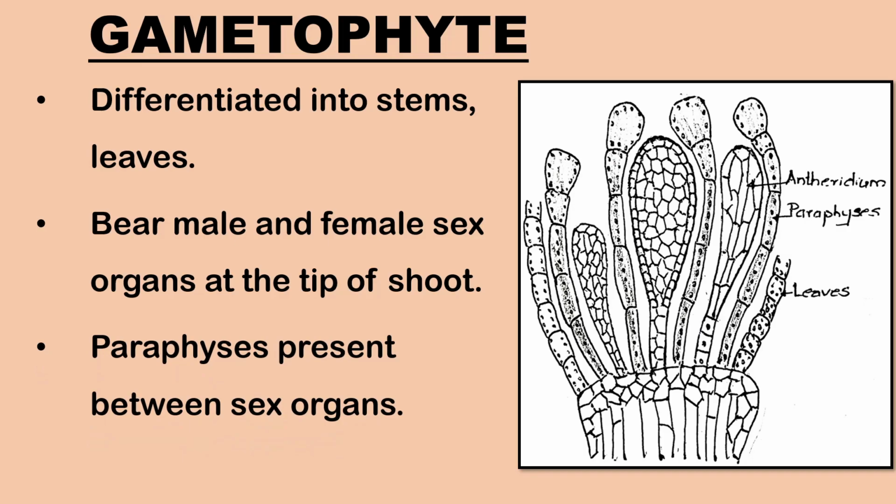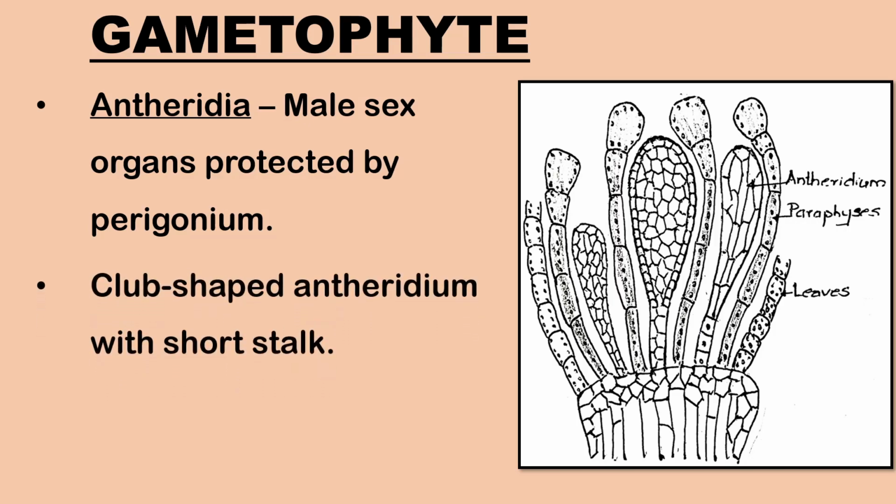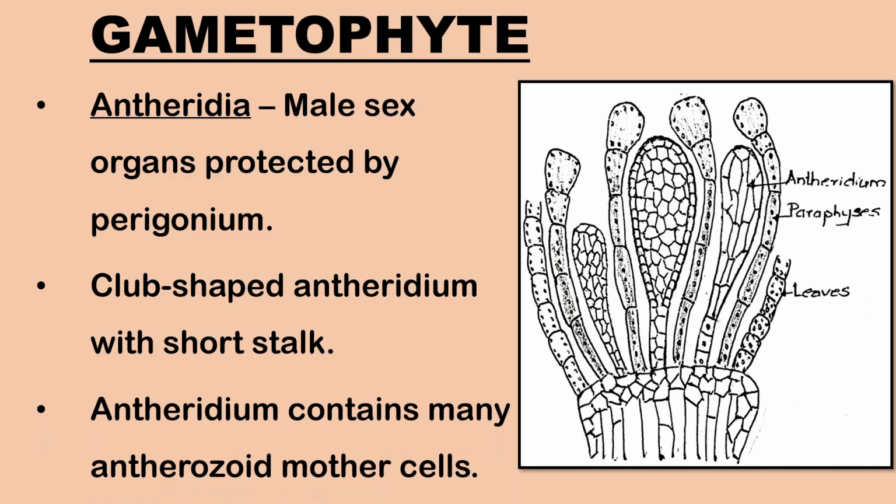In between the sex organs are present multicellular, sterile, hairy processes called paraphysis. The Antheridia are the male sex organs, which are protected by modified leaves called perigonium. The antheridium is a club-shaped structure with a short stalk. It contains several anthrozoid mother cells.